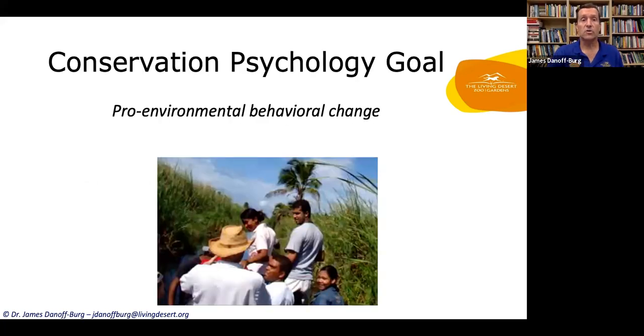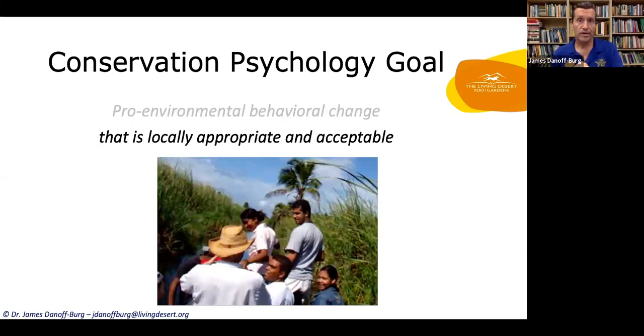So our goal is pro-environmental behavior change that is locally appropriate and acceptable. So we want to change behaviors in ways that work for local people and that benefit local people. That's our goal.